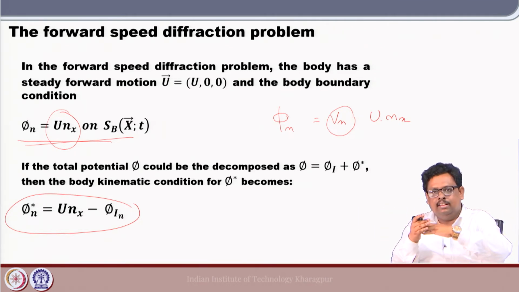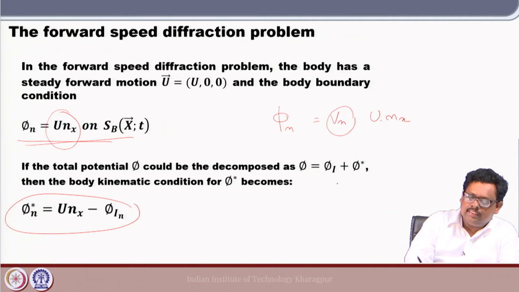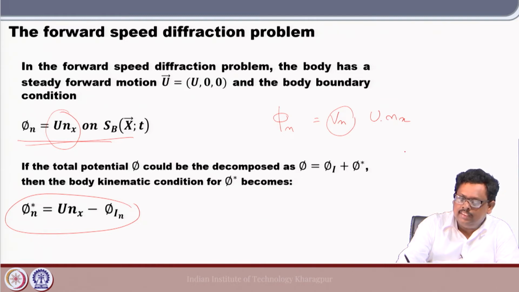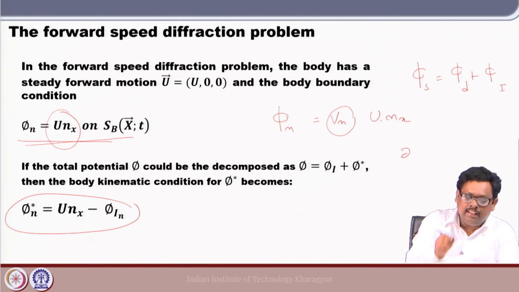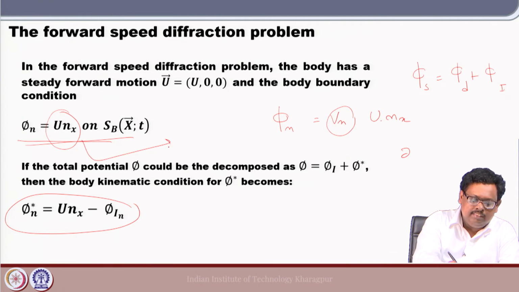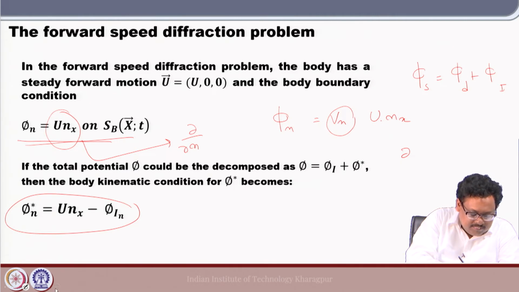So, the scattered potential, as you know, phi s, I can call that a diffraction potential phi d plus incident potential phi I, right. So, before that, let me clear everything.